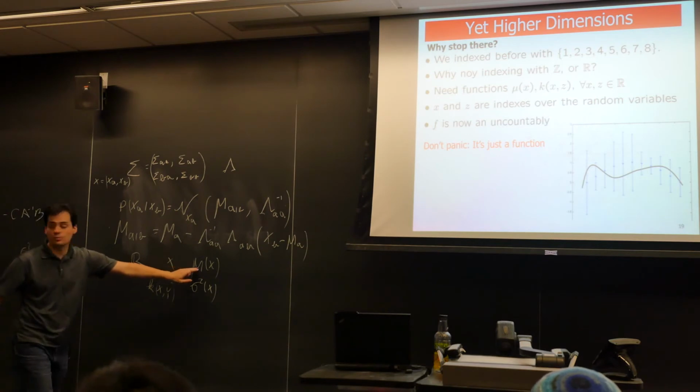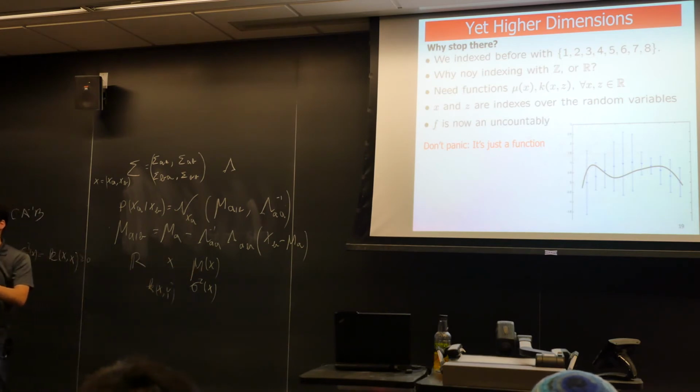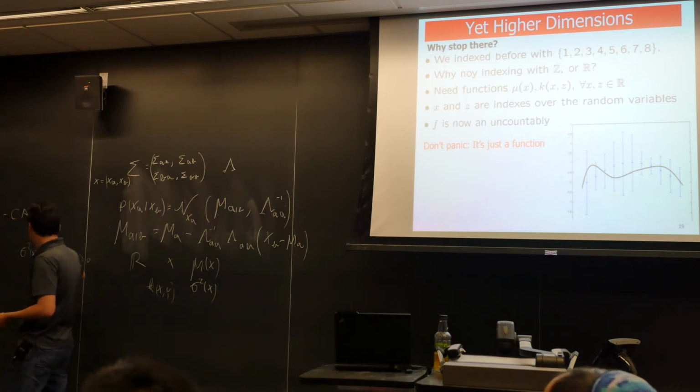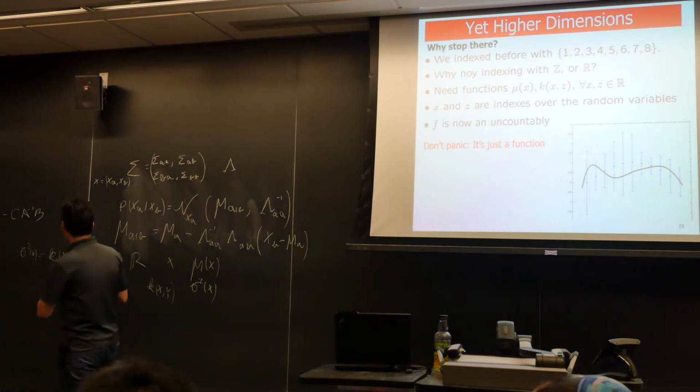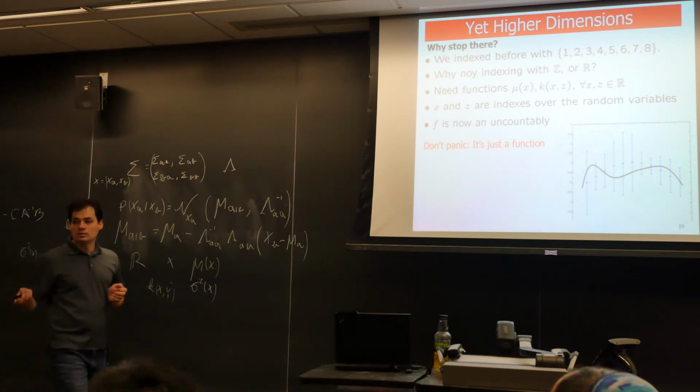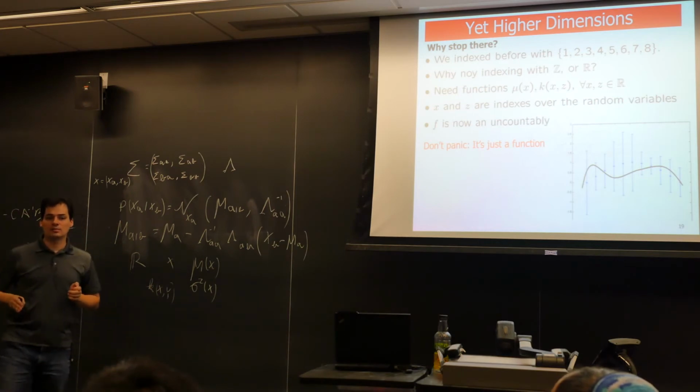I just fixed mu x and I fixed kxy. So the question is what kind of property. From the function k, I can define sigma to be this guy, right? But because it's covariance, it has to be non-negative. Symmetric, right? So k has to be symmetric.